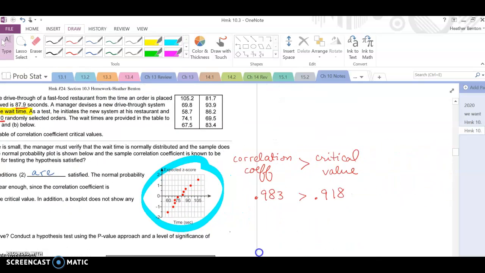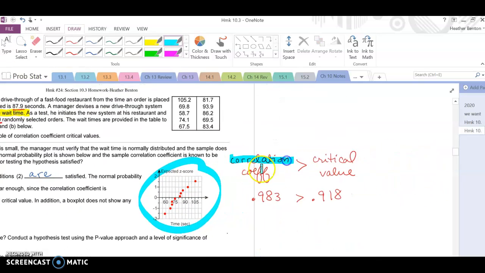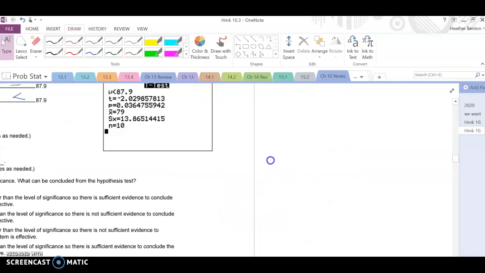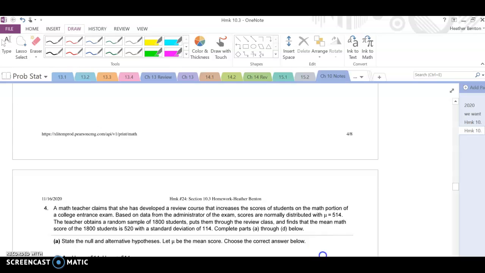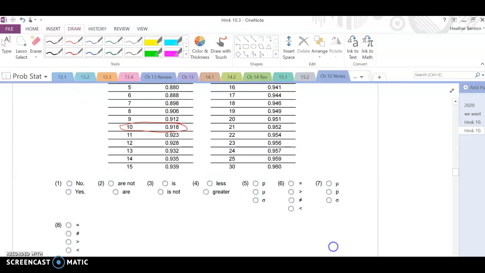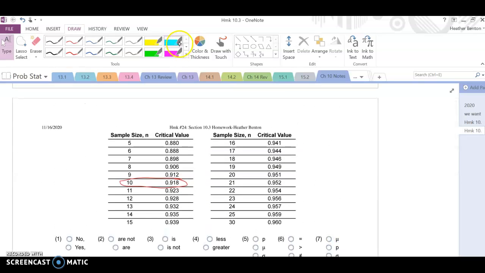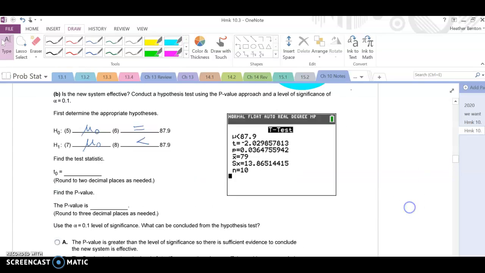And we're going to compare that correlation coefficient against the critical value. I have to go down, and in MathXL, they gave us the critical values chart. And so we go to sample size 10, and it's 0.918.